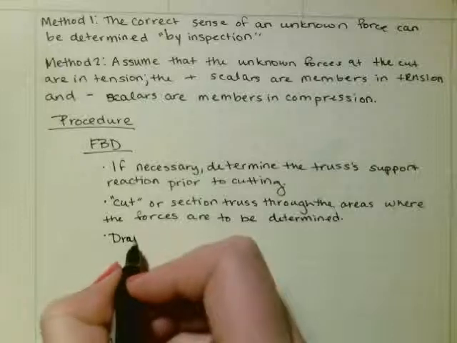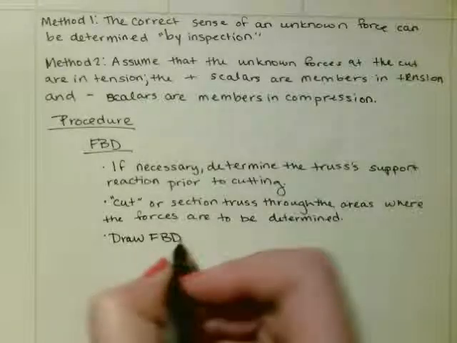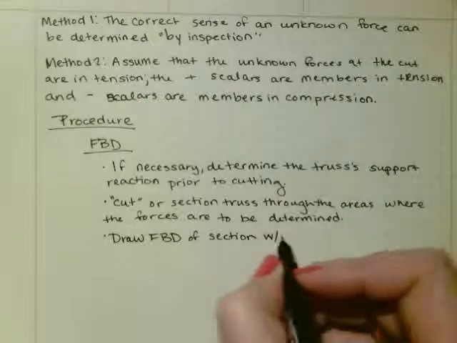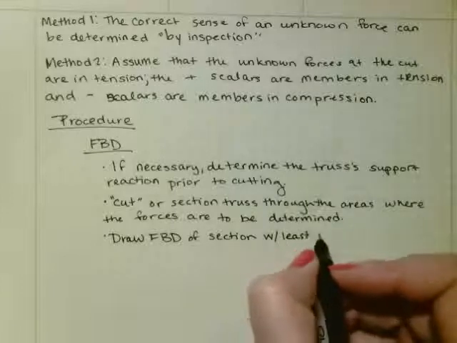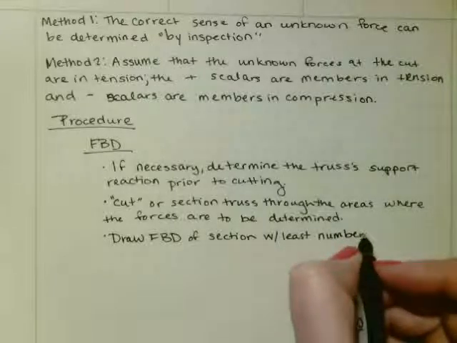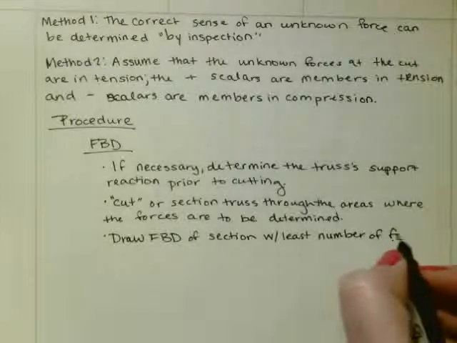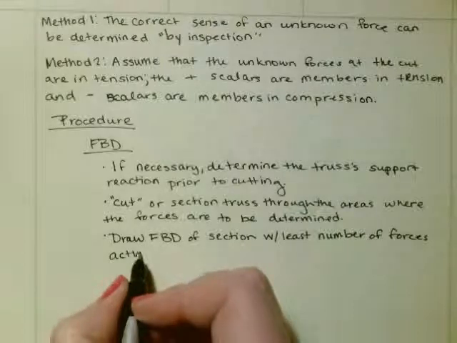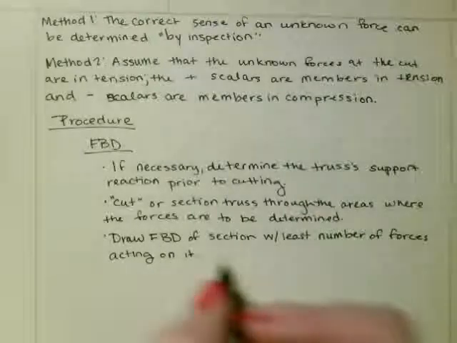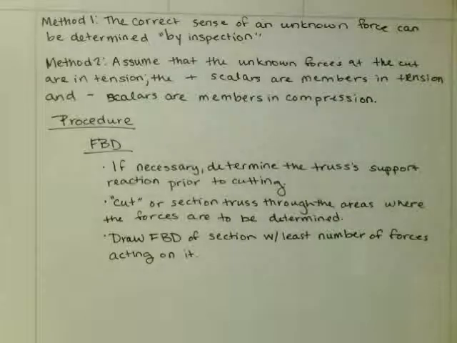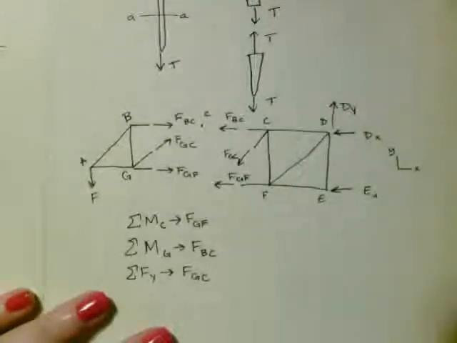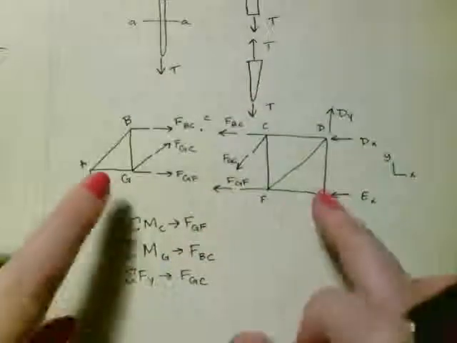Next, you want to draw the free body diagram of the section with the least number of forces acting on it. When I was showing you how to do the method of sections, I drew both of the sections.